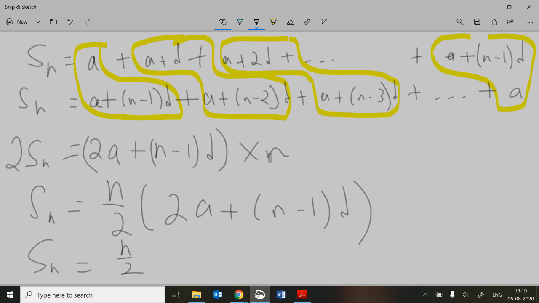Instead of writing in the middle 2a plus n minus 1 lots of d, you can split that up into a plus this thing here. If you do that, you can see that a plus n minus 1 lots of d is the last term.